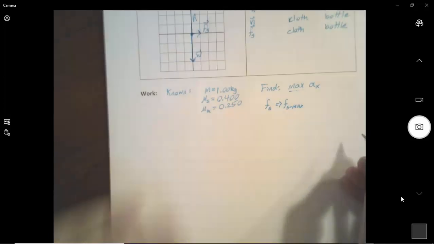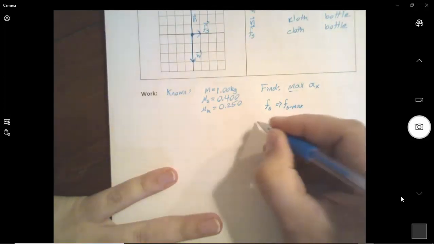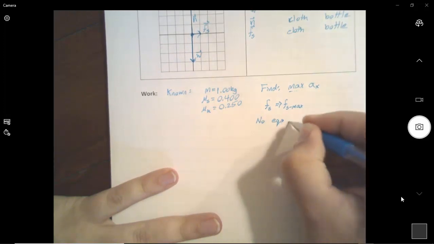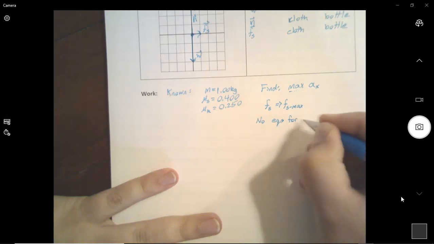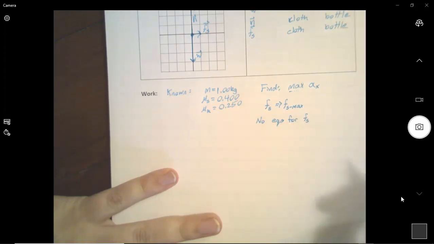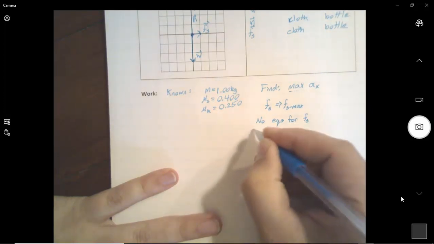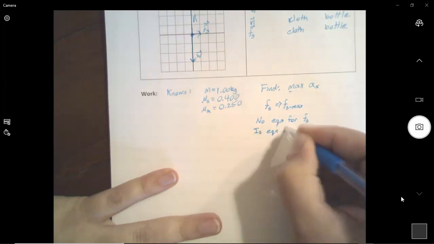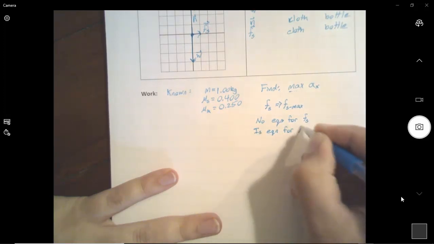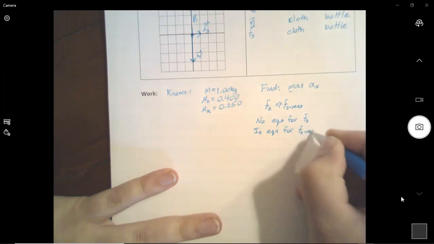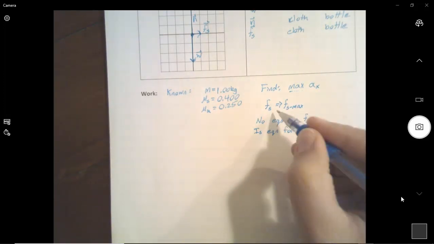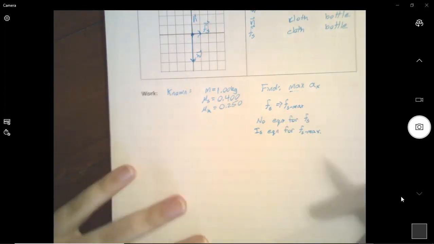And the reason for this is there is no equation on your equation sheet for static friction. There is an equation for static friction maximum. And the idea here is, as a reminder, static friction is kind of like the normal force.